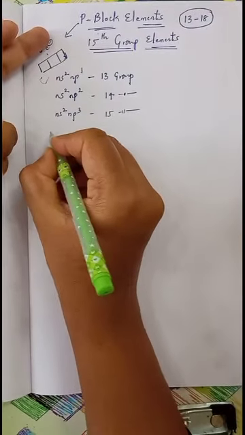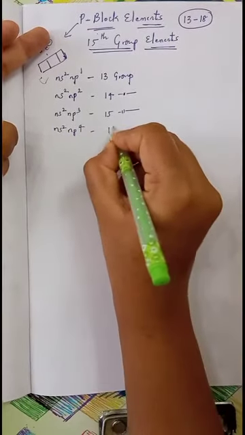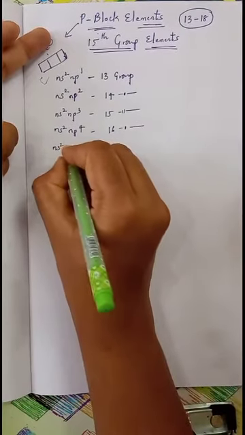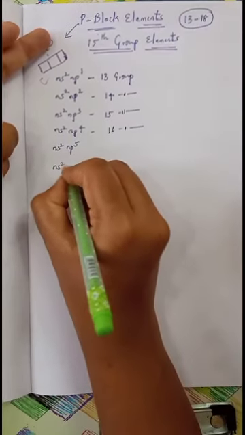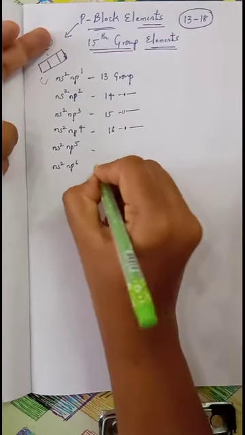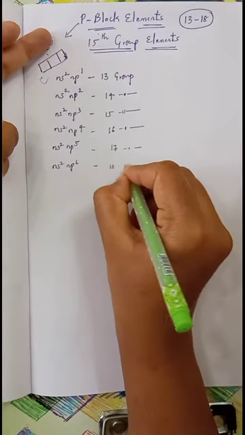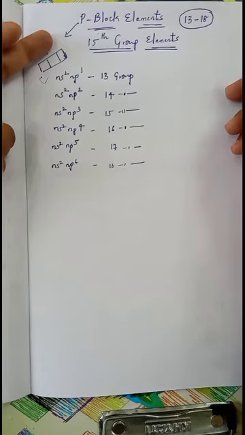If ns2 np4 configuration, those are called 16th group elements. And there are 2 more important configurations, ns2 np5 and ns2 np6. They are said to be 17th group elements and 0 group elements or 18th group elements. So these are the 6 important groups present in the p block.